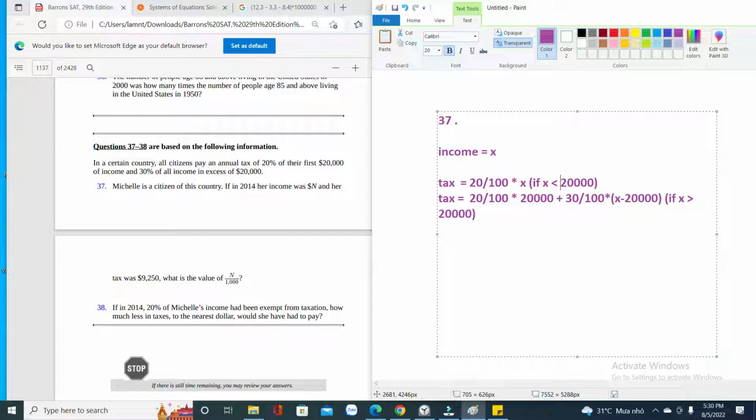So the first is smaller than or equal to. Okay, so that's how they calculate tax in this country.